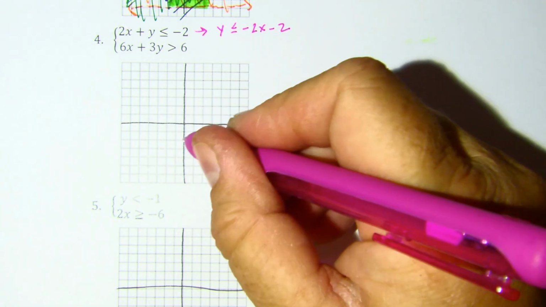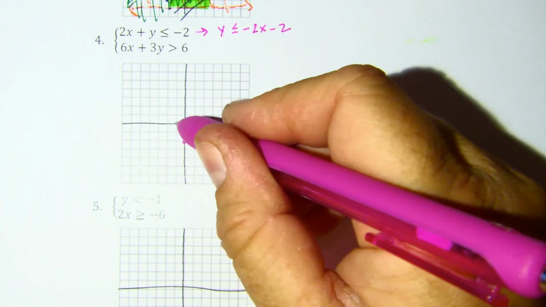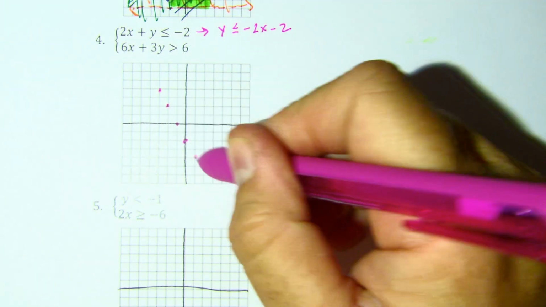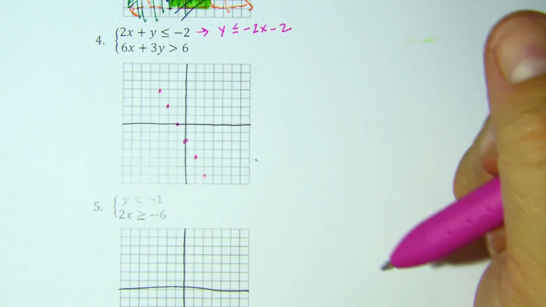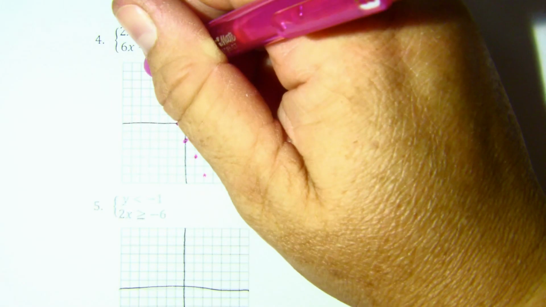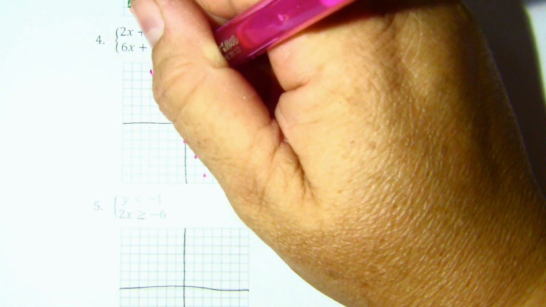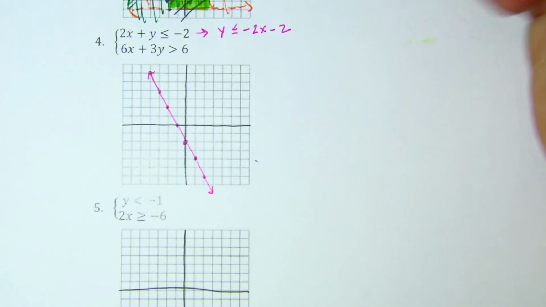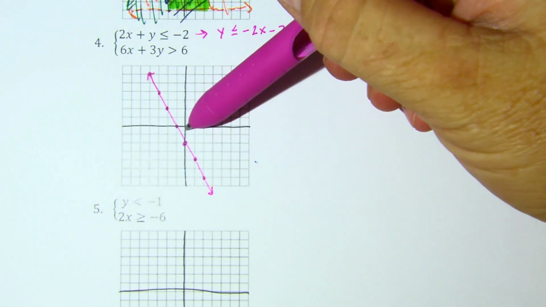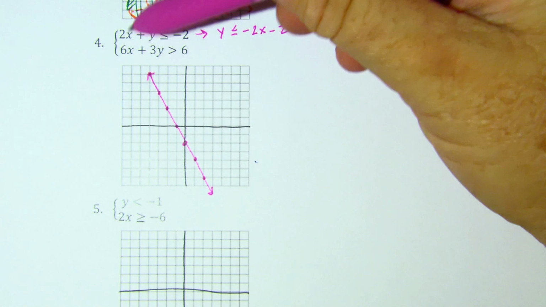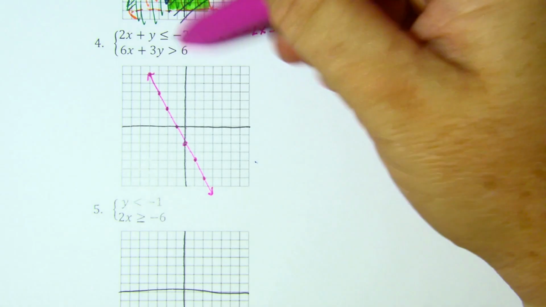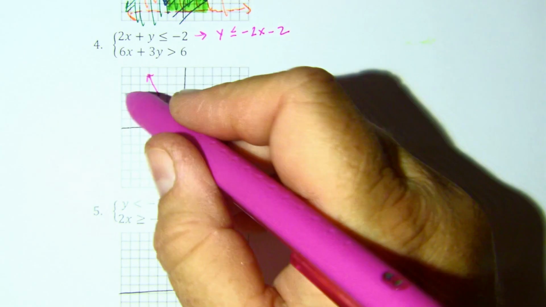Y-intercept of negative 2, slope of negative 2, so up 2 and over 2 in a negative direction, or down 2 and over 2 again in a negative direction. Solid line. And test point, if I plug in 0, 0, 0 and 0, 0 is less than negative 2. Yes, or no, it's not. It's greater than negative 2. So I would shade on the opposite side.